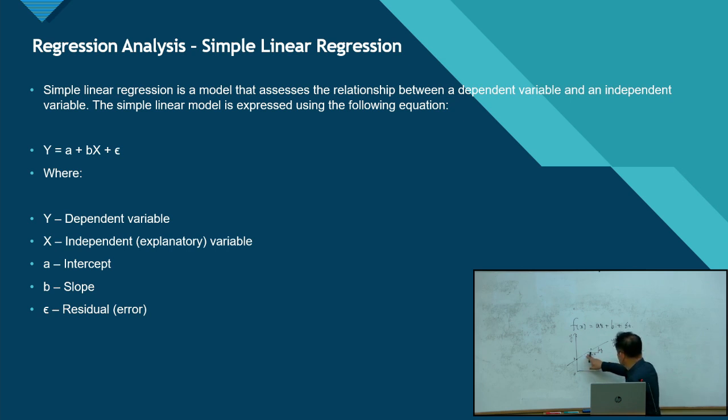It means how much the y value increases as the x value increases. This is the slope. This is what we call the intercept, where it first starts. But in simple linear regression it is a little bit ignored, it's okay. Intercept. And epsilon is error.